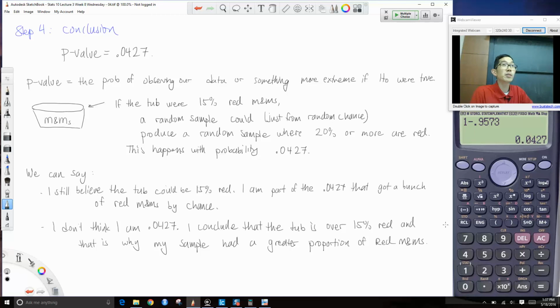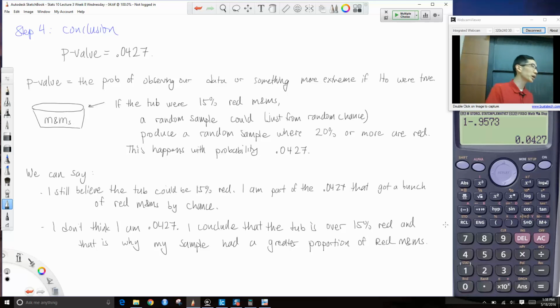Is this good? Okay. And so this is where the significance level comes in. Instead of just dealing with our gut feelings and saying I think this is the case or I don't think this is the case, the significance level gives us a quick rule. It says if the p-value is bigger than the significance level, we're going to believe that it could have happened by random chance.